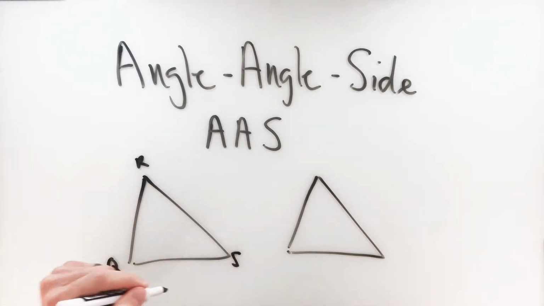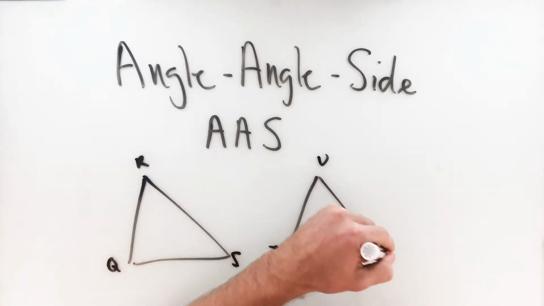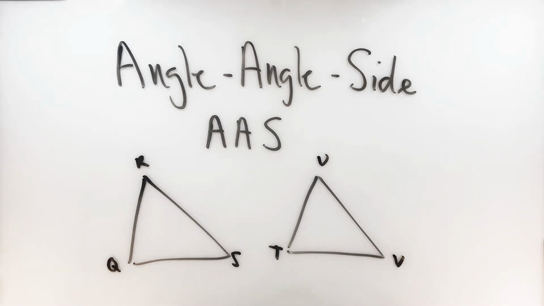Switch up the letters here, QRS, TV. Angle, angle, side. Just like you would imagine, you've got two angles and a side, but this time the side is not going to be included in between the two angles that you have marked.